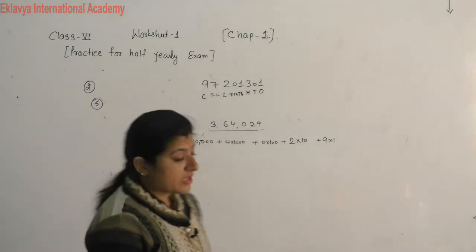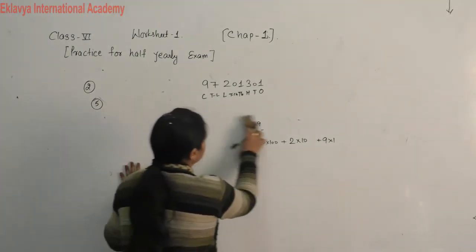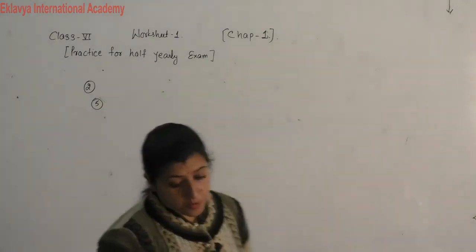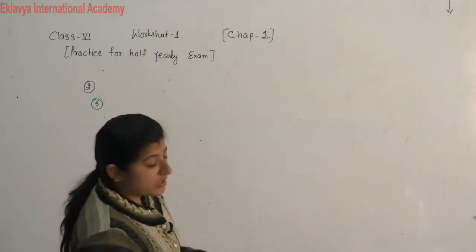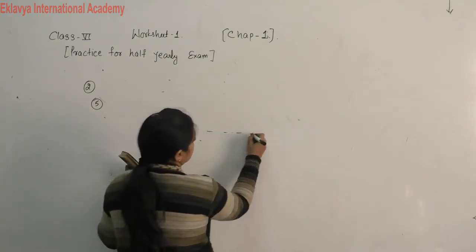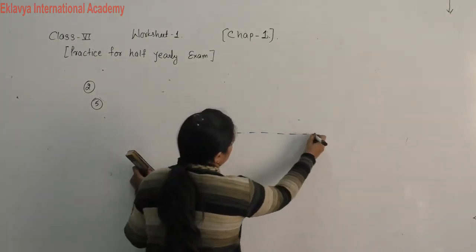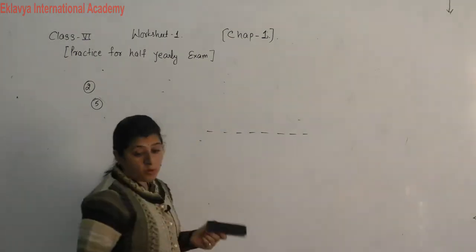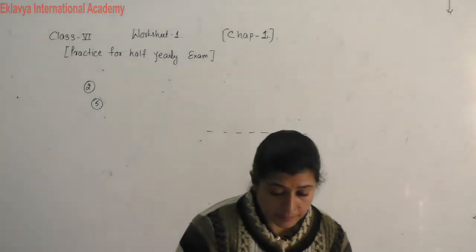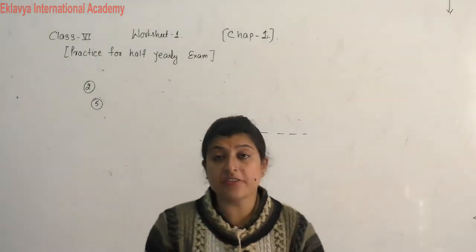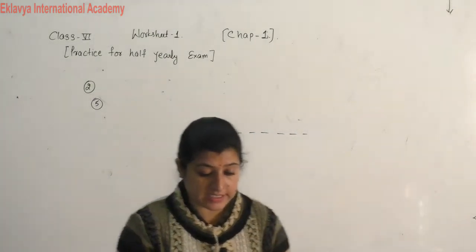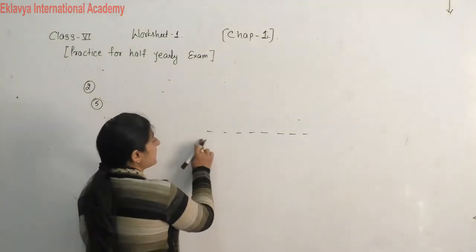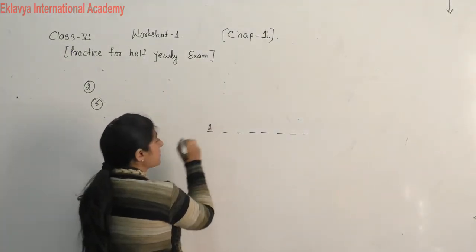Now, see question number 9. The smallest 8-digit number: 1, 2, 3, 4, 5, 6, 7, 8. Smallest 8-digit number using 3 different digits can be read as 10,000,002. It means at least there should be 1.